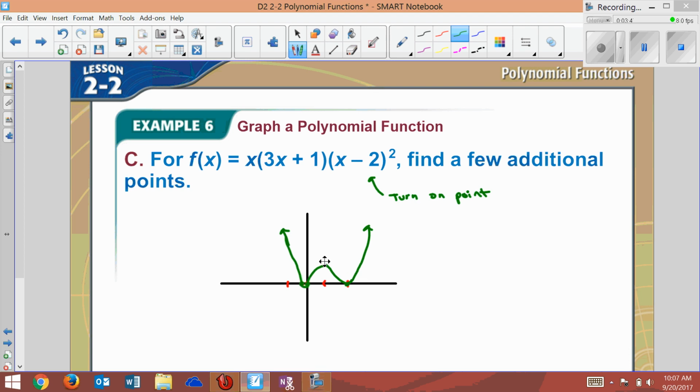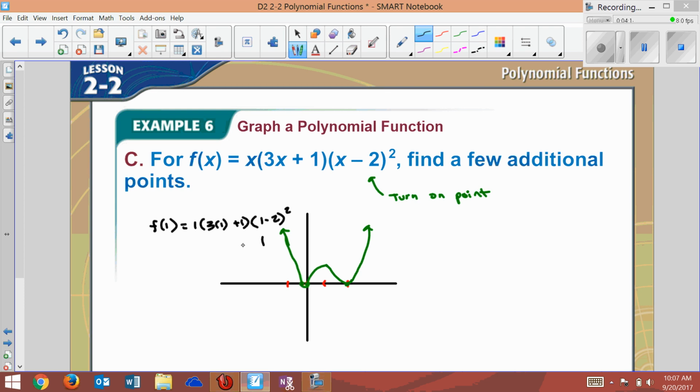Now, if you wanted to find, let's say, how far this goes up, you would just plug 1 into the equation. So I could say that f of 1 equals, you plug it in, 1 times 3 times 1 plus 1, times 1 minus 2 quantity squared. All right, let's go in order. I need to do the squaring first. So 1 minus 2 is -1. You square it, that's +1.